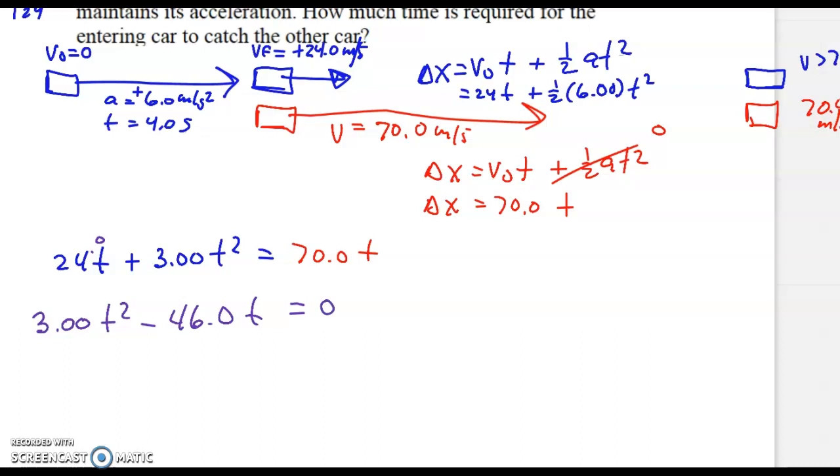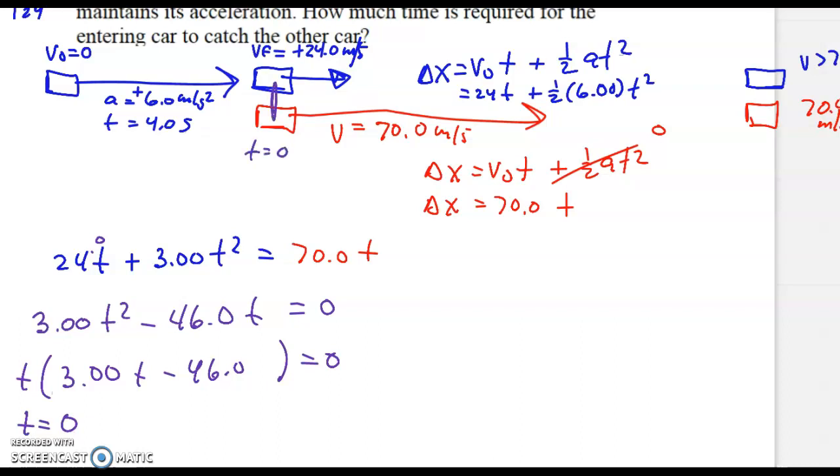Now, solving that, you have choices. Something that I like in this kind of case is to factor out a t. Get rid of that t right there. That got factored out. Now, I've got two things multiplied equal to 0, and so the solutions are when each factor is equal to 0. So t equals 0. I'm actually comforted that that's there because at the very beginning of the problem, they were side by side.